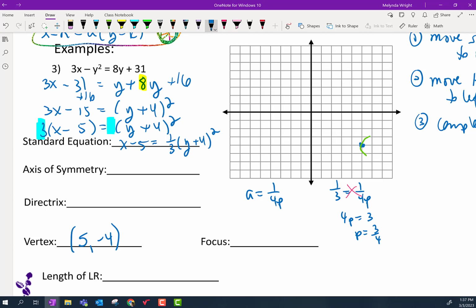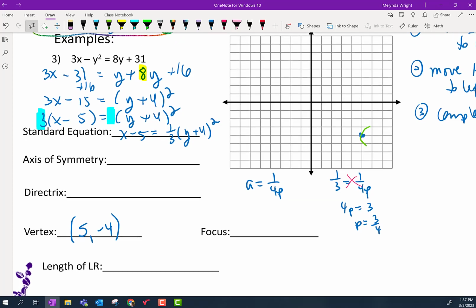Okay, so what does that mean? Let me pause here for a second. I want to make sure everybody's got P is 3/4. That means if I go 3/4 to the right from the vertex, I'm going to have my focus. My focus is right here. So I'm going to write it down. My focus is at 1, 2, 3, 4.